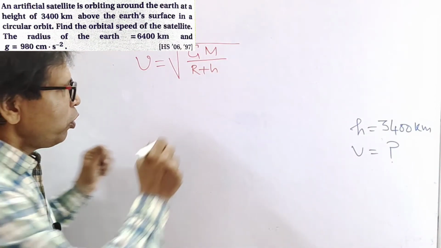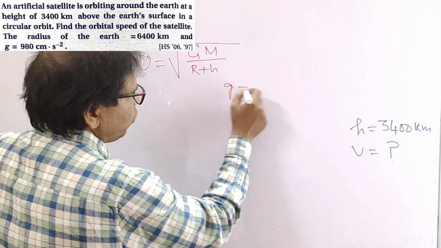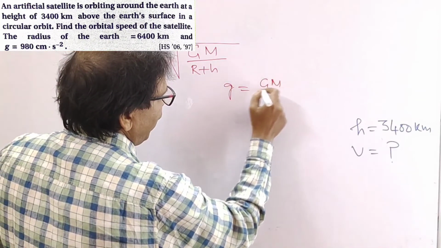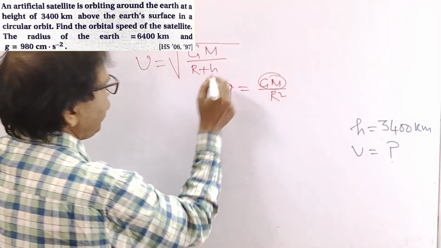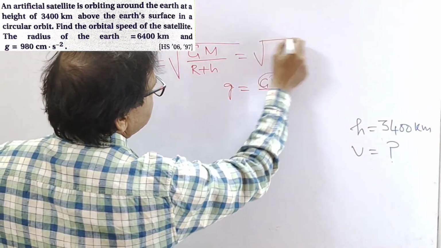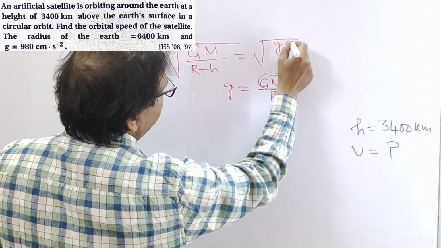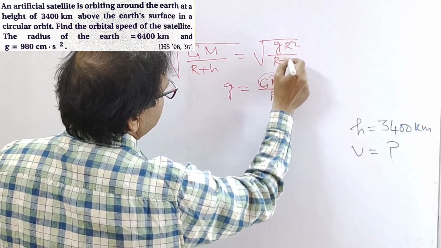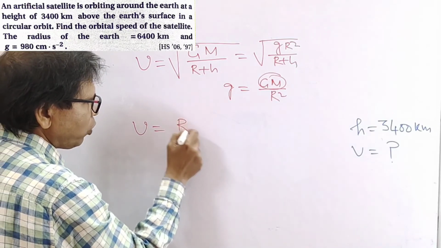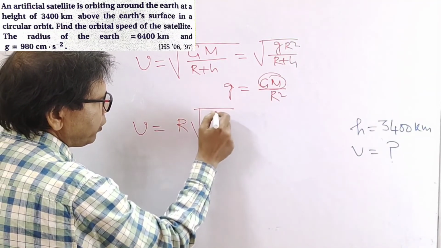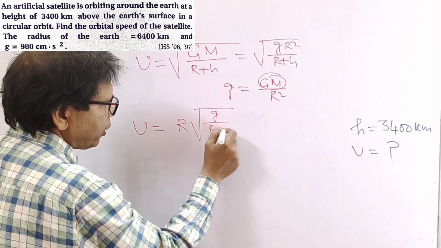We know small g = GM/R², so GM is replaced by gR². So this is √(gR²/(R + h)). So from here v = R√(g/(R + h)).